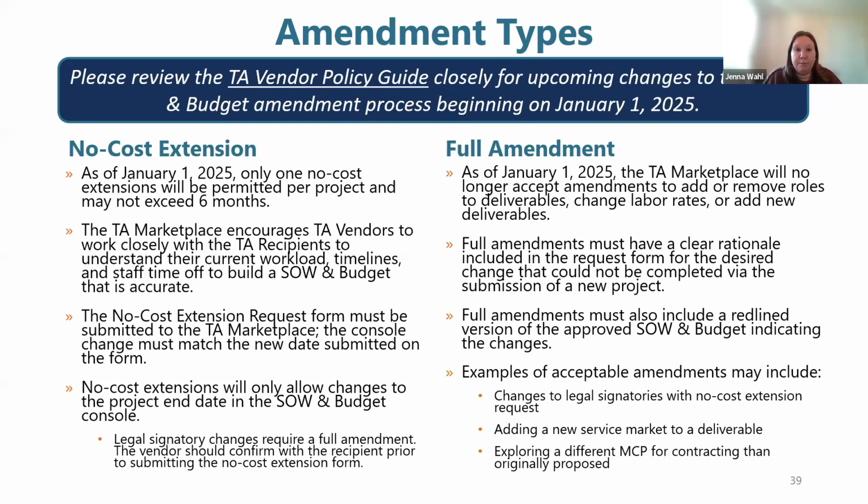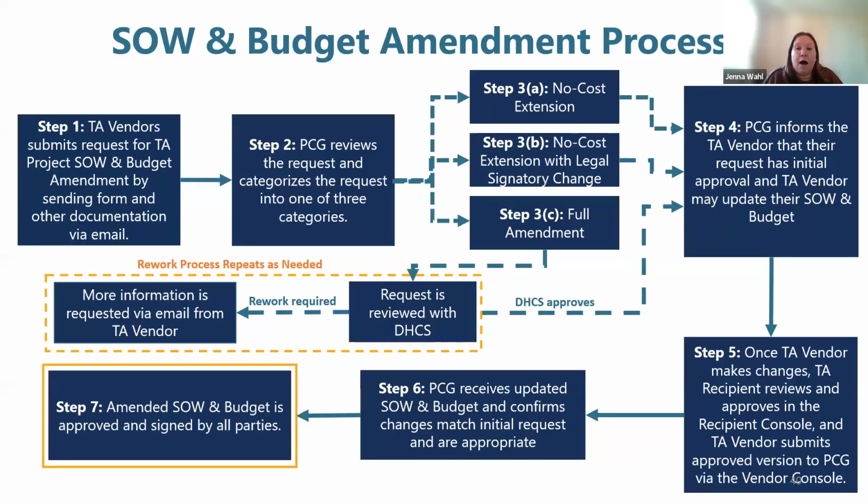We can go to the next slide. This will be available to you all, so no need to fret, but this is the standard process for scope of work and budget amendments. That form is sent by TA vendors and other documentation to the TA marketplace, and we categorize that into one of 3 requests. We will review that request with DHCS if it is a full amendment, and if more information is required, we will work with the TA vendor to obtain that information.